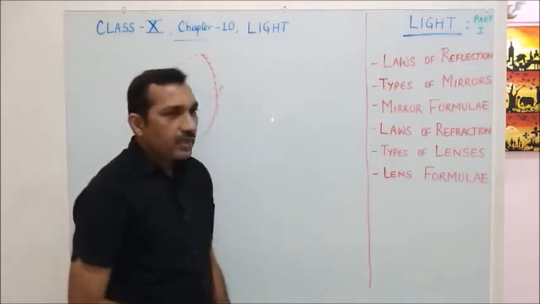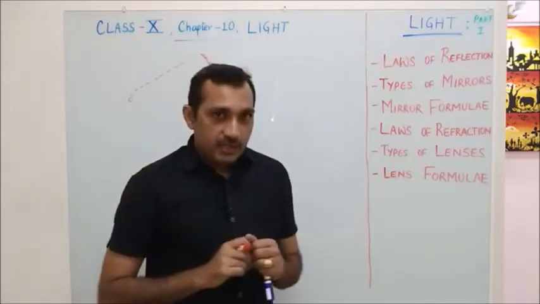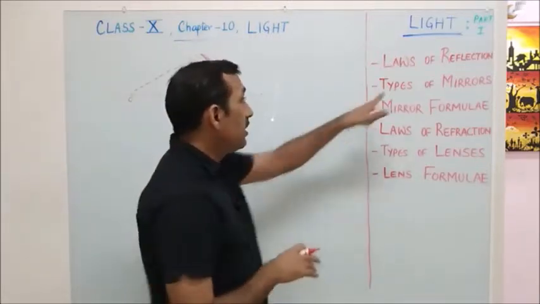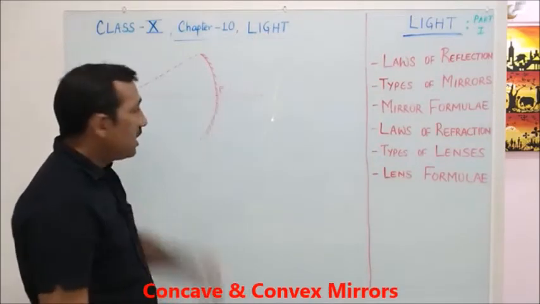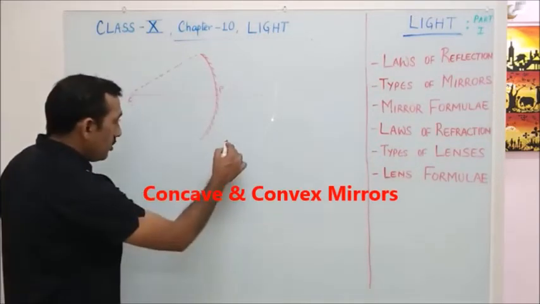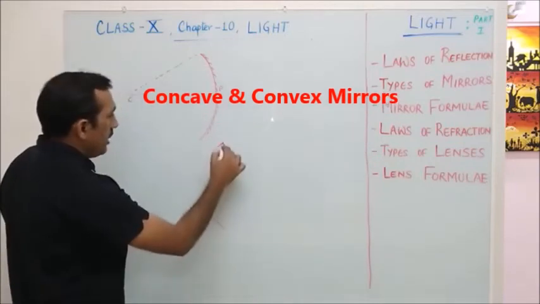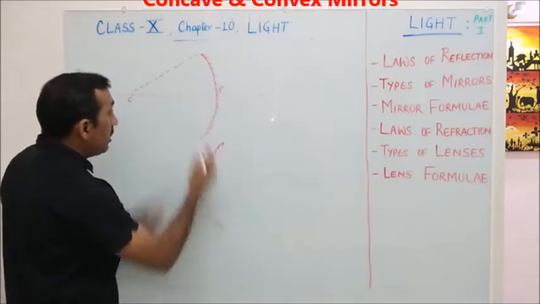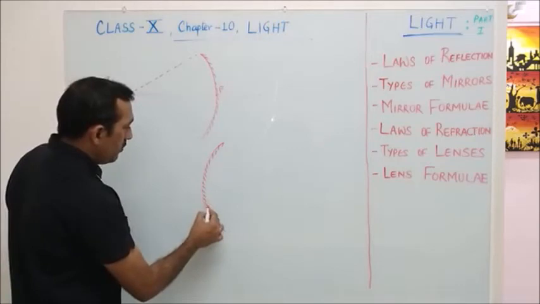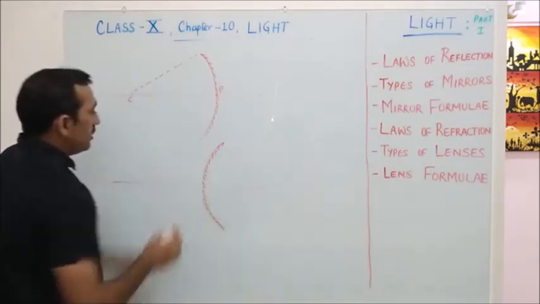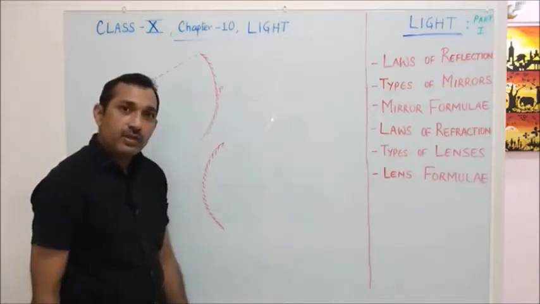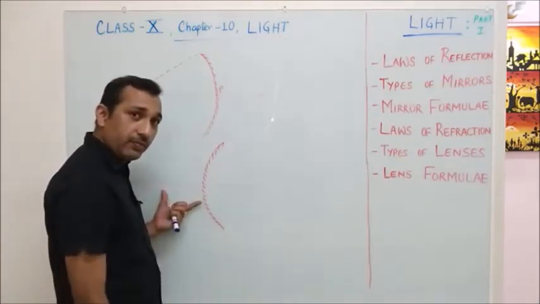Now, this we have discussed, but we have not discussed the types of mirror. As I said earlier, it can be polished on this side, or I can have a structure like this, the reverse of this, and the polish is on the other side. So this side will become reflective.